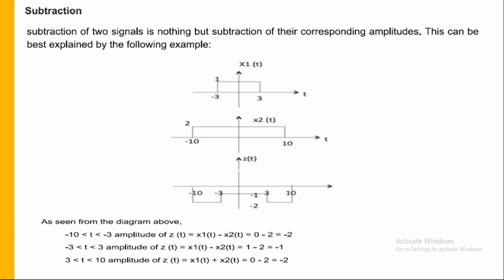So you rotate it like this, shifting it in the reverse manner in the horizontal plane. Then it becomes minus x2 of t. When you plot it, you will have a graph like this.